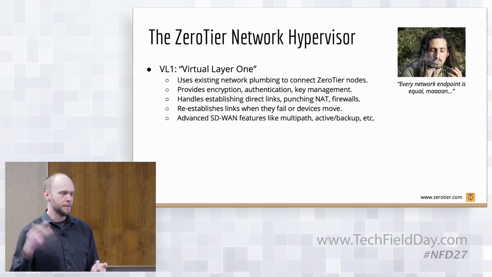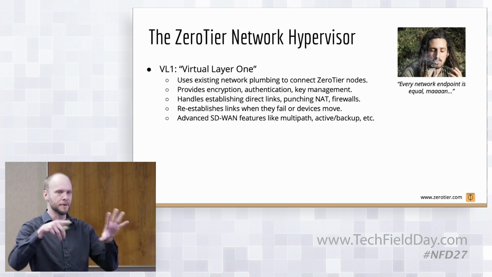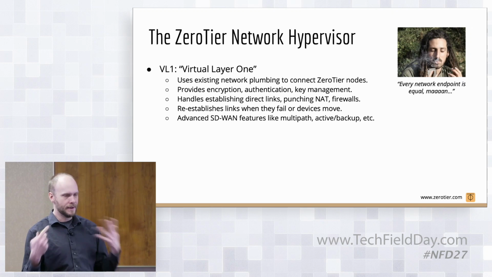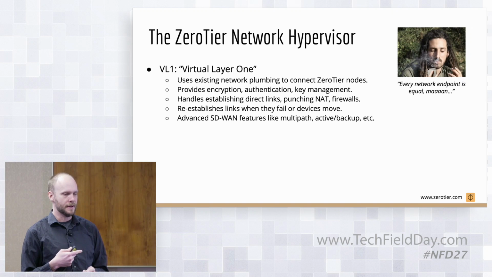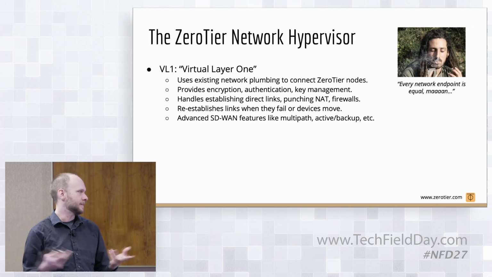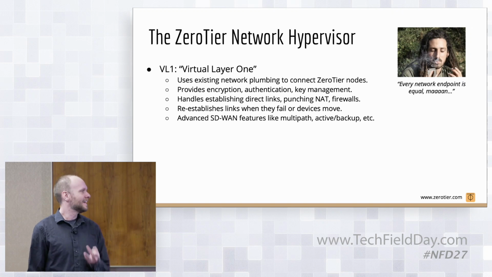So this is the peer-to-peer networking people, the meshnet people, which overlaps a bit with the cryptocurrency people, at least technically. And the idea there is to not have all of your data take the scenic route, but to make, as the photo says, every network endpoint equal, man. That's what we want, right?